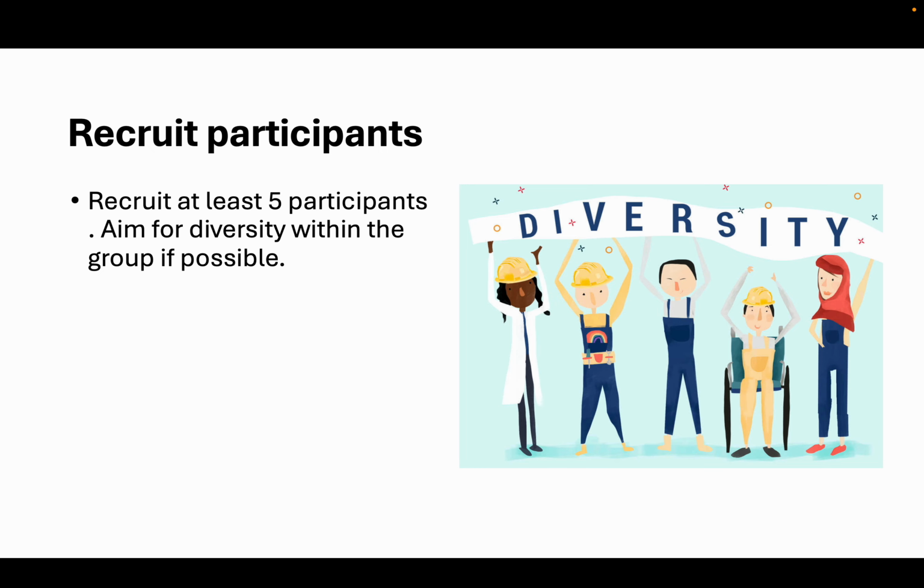So for our usability test, you are going to recruit at least 5 participants outside of the class, which means you will not recruit your classmates, right? So find 5 participants who haven't used your app before, who don't know this project at all, so your app will be a new app for them.